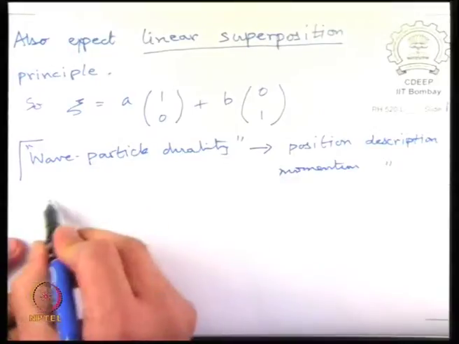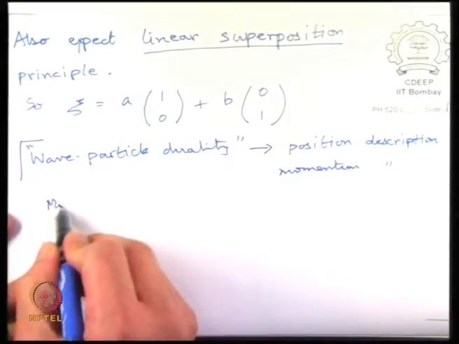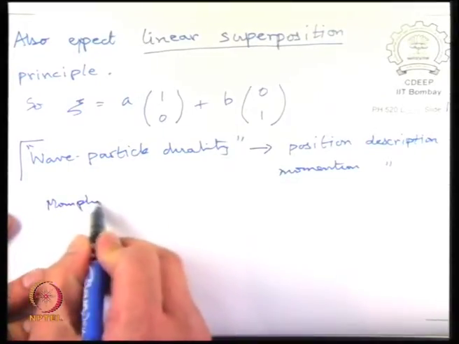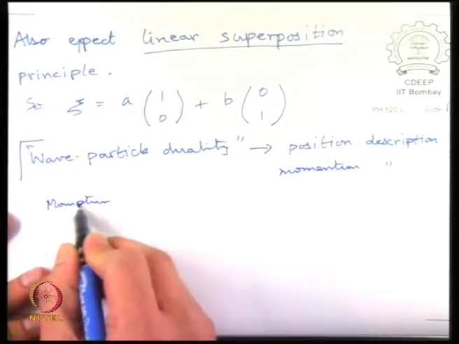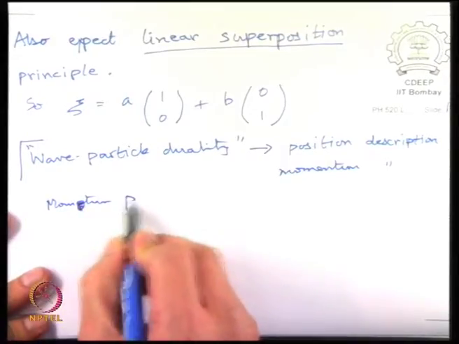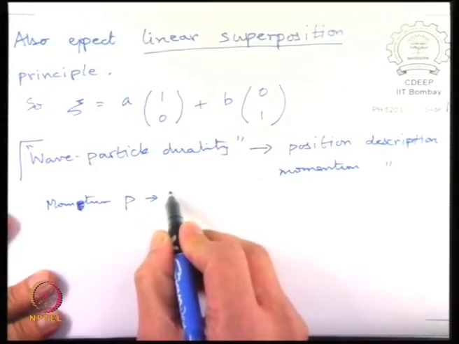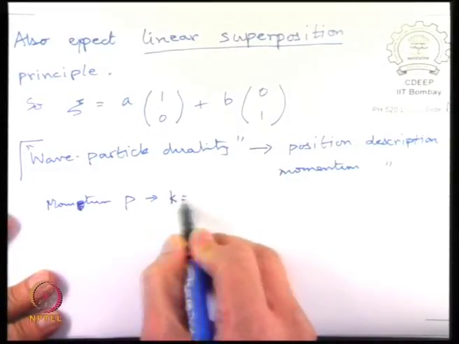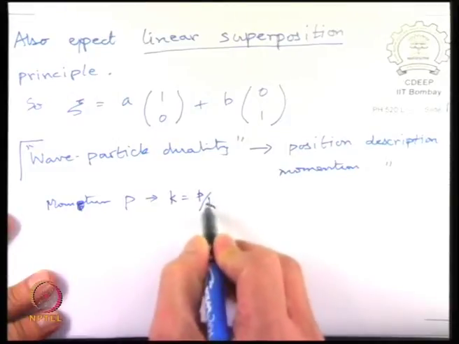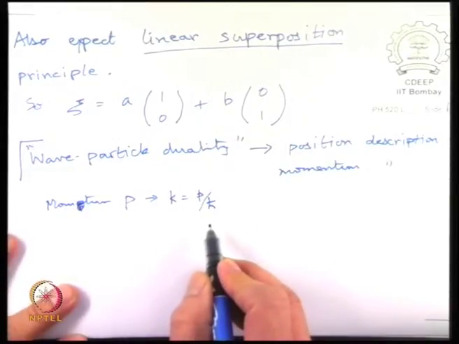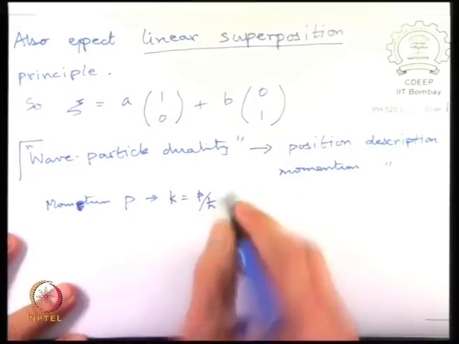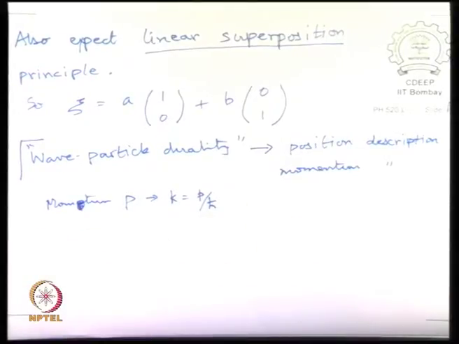When you have momentum p, you can associate with it a wave number k, which is equal to p over h cross. This is because you have the fundamental constant h cross available.